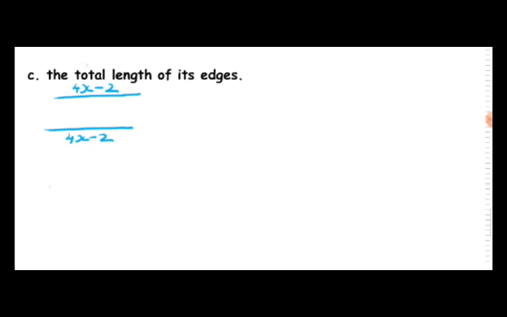So we want the total length. So total means addition. 4x minus 2 plus 4x minus 2. Okay, let me draw the breadth. Two breadths coming up, the edges. So it's plus 3x and plus 3x.